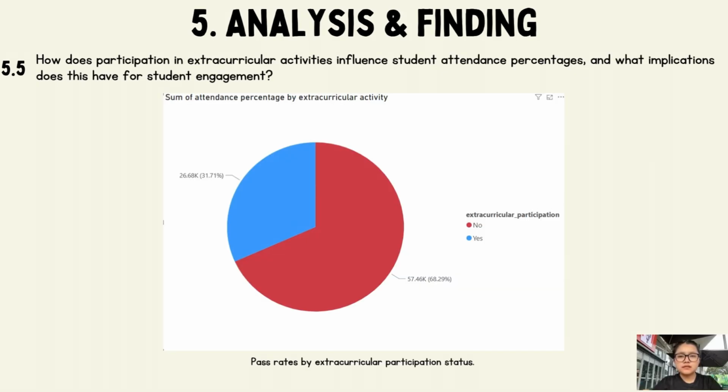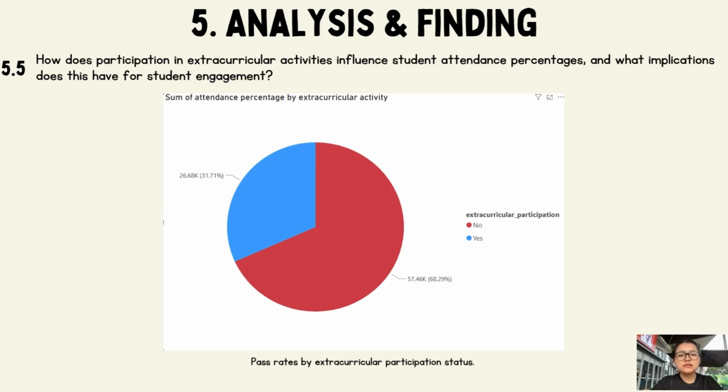The next question is, how does participation in extracurricular activity influence attendance? In my dataset, participation is recorded as a simple yes or no. I used a pie chart to compare average attendance between these two groups. Surprisingly, the results show that the students who did not participate in extracurricular activities had a higher attendance rate than those who did.